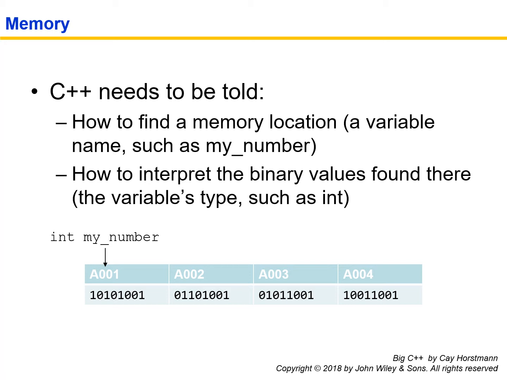So myNumber is a unique name for the variable, and C++ has to be told what it's going to find when it looks there, how big the memory location is that it's looking at, and how to interpret the information that it finds there. That's what the variable type int means: look for a sequence of 4 memory boxes and interpret the binary data there as a 32-bit integer.